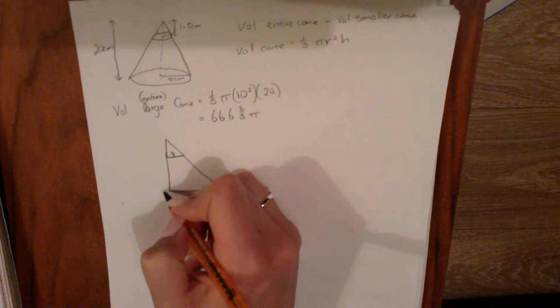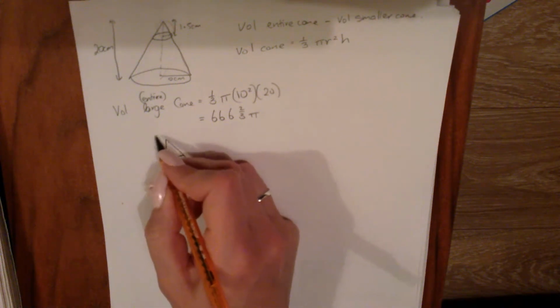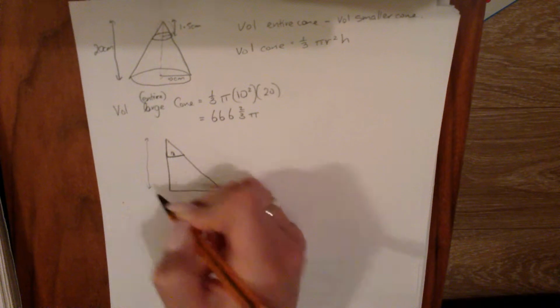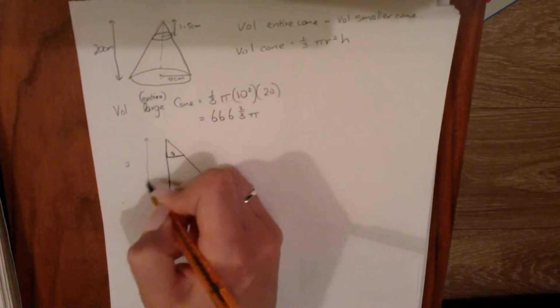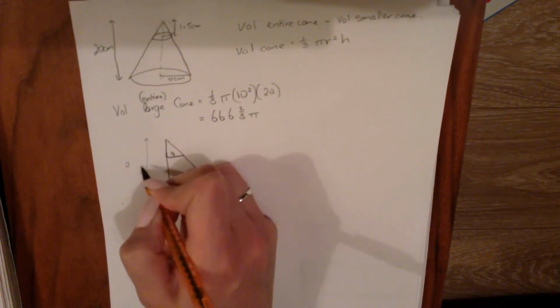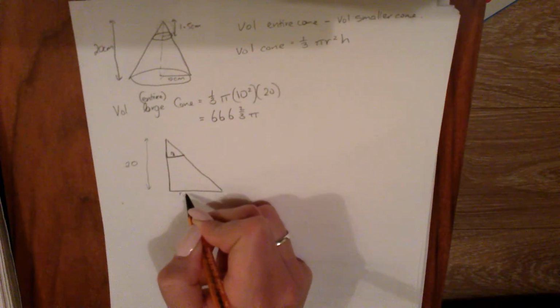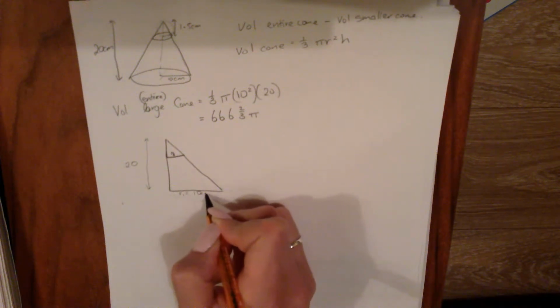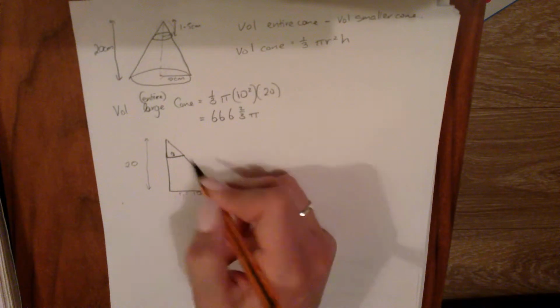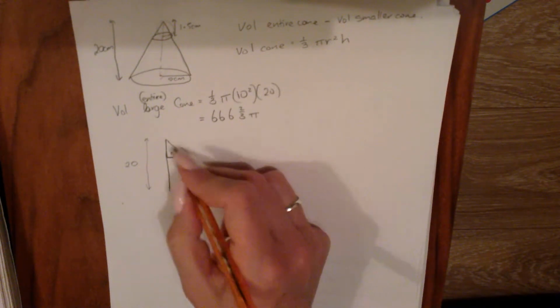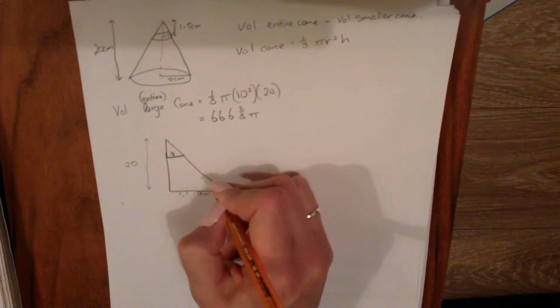Now we know that the entire height of that one is 20. And we know that R1, the radius here, is 10 from our diagram. And we don't know what the large hypotenuse is, this large side here.